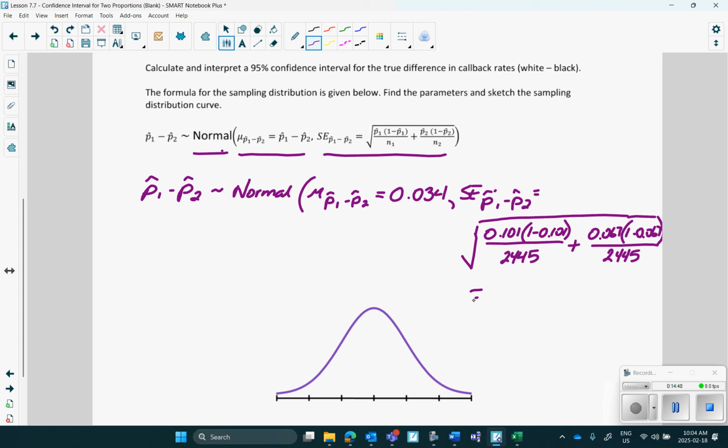And when we do these calculations, add them together and take their square roots, we're going to get a standard error of approximately 0.0079. So now that we've got the mean of all the sample proportions, the standard error, and that it's normal, we can do this.